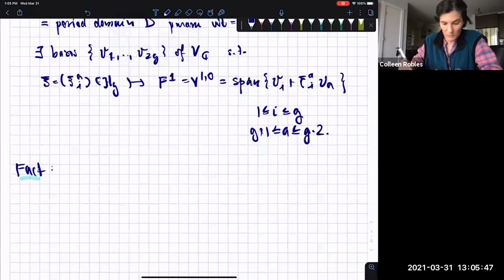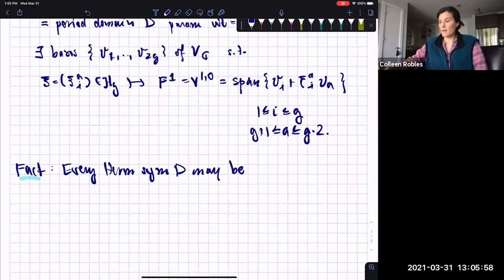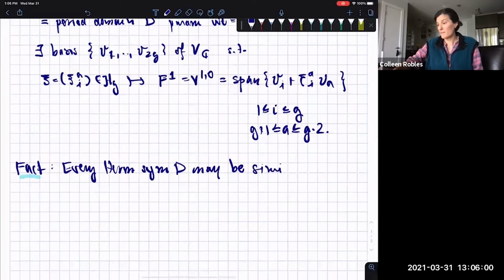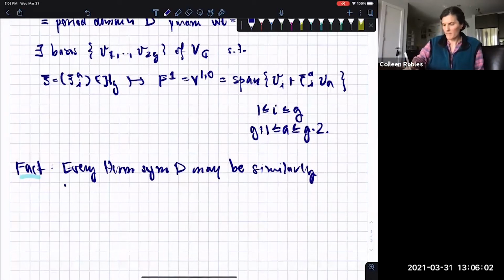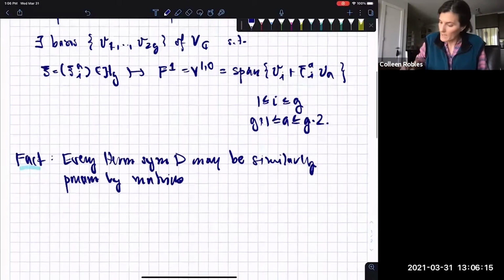It's a general fact that every Hermitian symmetric D may be similarly parametrized by matrices. Okay. And this is a fairly classical fact that goes all the way back to Cartan, at least.